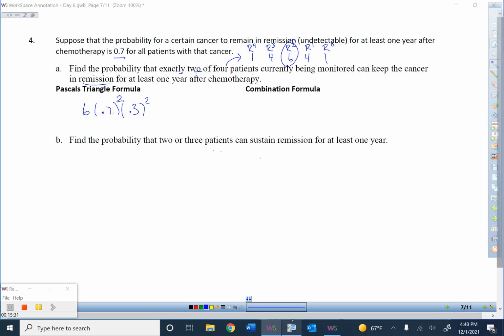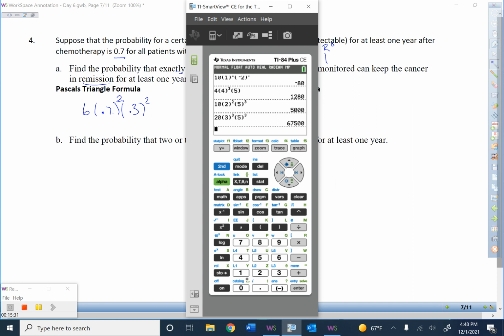And then all we have to do is go type in that probability. So 6, then 0.7 raised to the second power, and then 0.3 squared as well. So our probability is 0.2646.